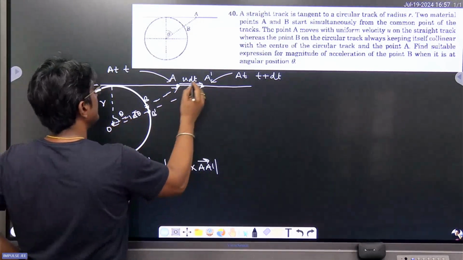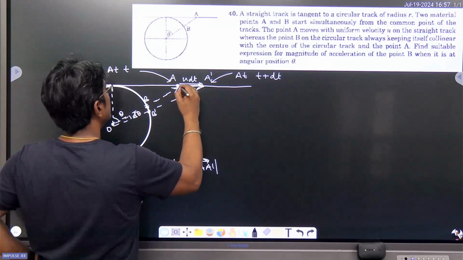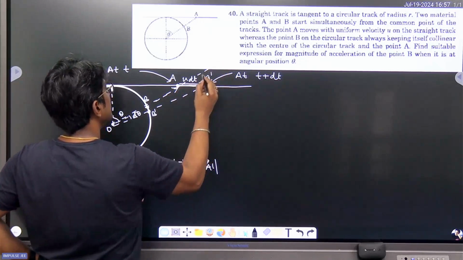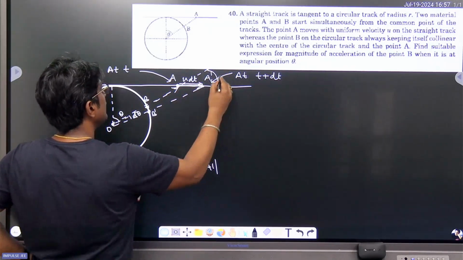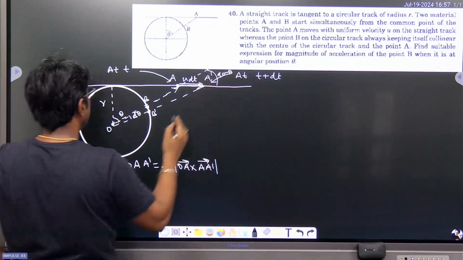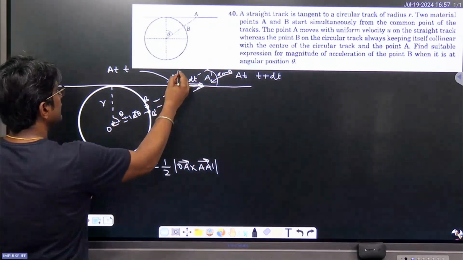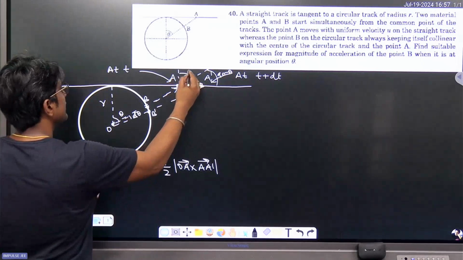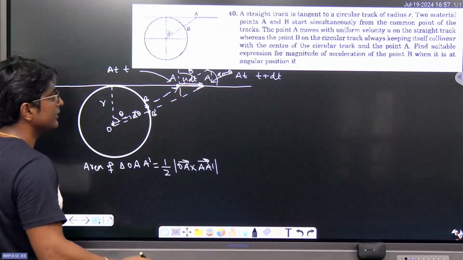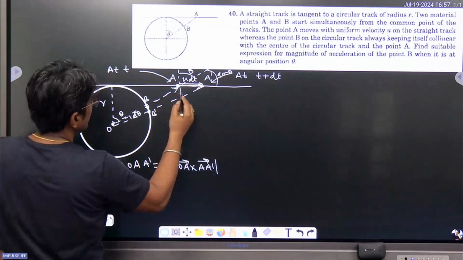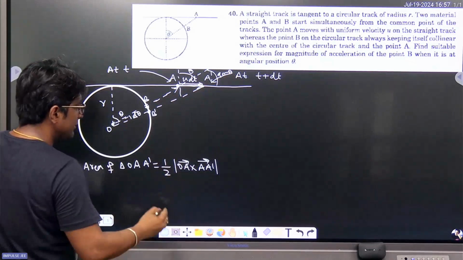Say this is one vector and this is another vector. So what is the angle between them? This angle will be 90 minus theta, because from the vertical this angle is theta. So the angle between these two vectors is 90 minus theta.